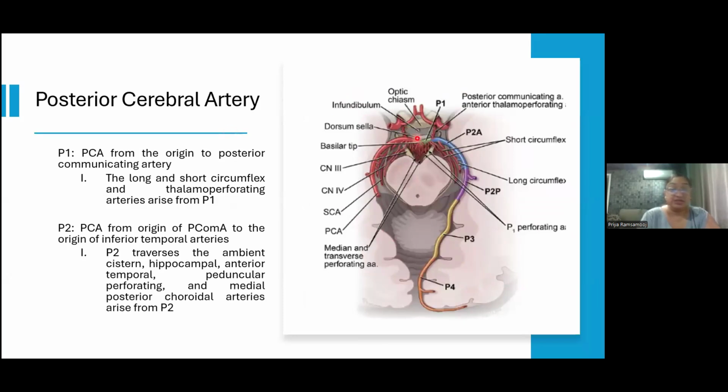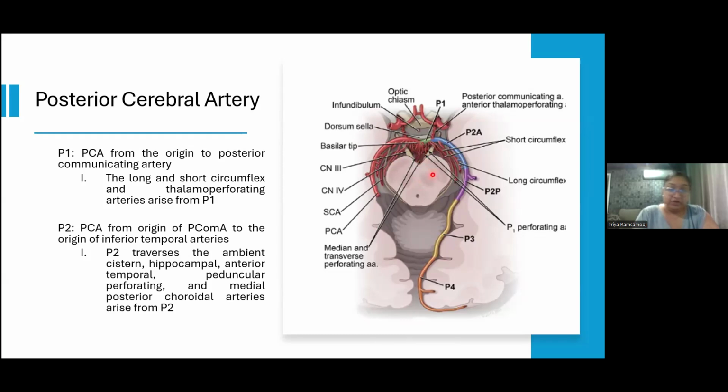So the P1 segment, again, this is showing a different view of it, but showing it beautifully. Your P1, your P2A, like I would have said, P2P, P3, and P4. Of note, sometimes the P1 goes by other names instead of pre-communicating. It can be referred to as mesencephalic, peduncular, or basilar, but basically, again, from the origin to the posterior communicating artery, and it gives off branches, long and short circumflex and thalamoperforating arteries.